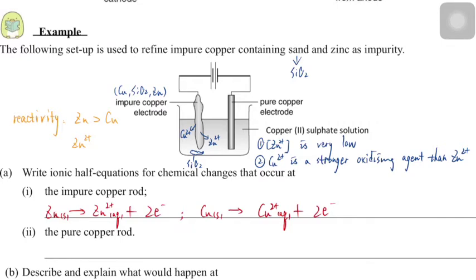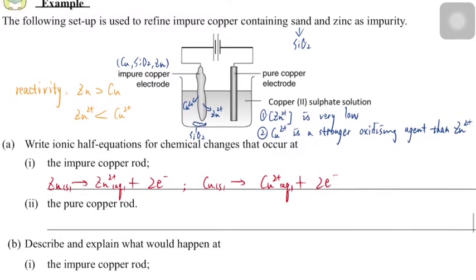So that means copper 2 ion, on the other hand, is pretty reactive and unstable. So when we compare zinc ion with copper 2 ion, copper 2 ion will have higher reactivity compared to zinc 2 ion. So that's the reason why at the cathode we got copper 2 ion preferentially discharged.